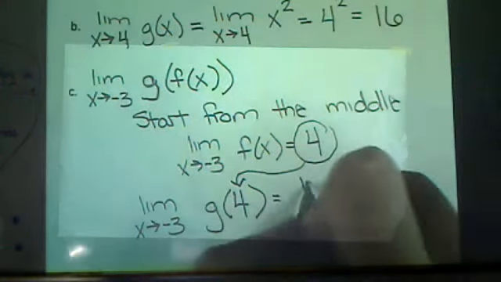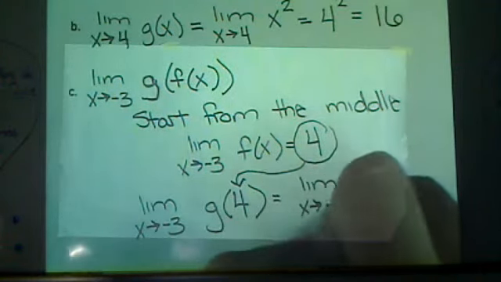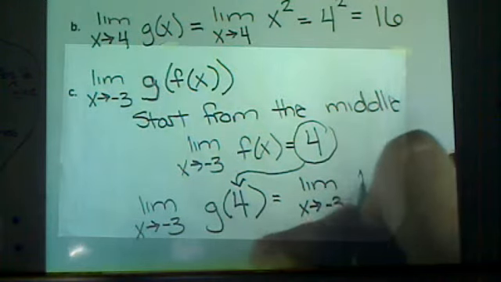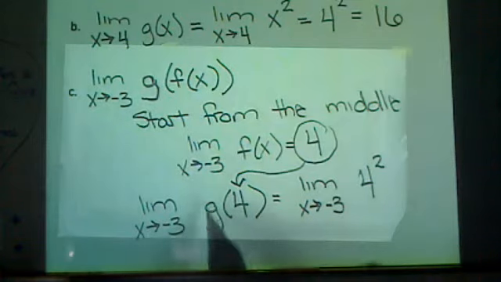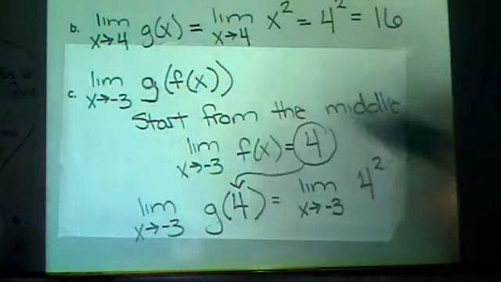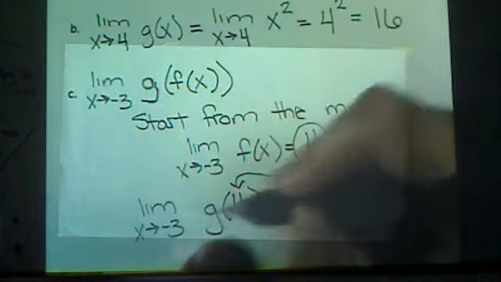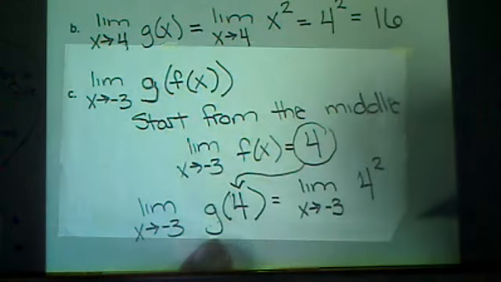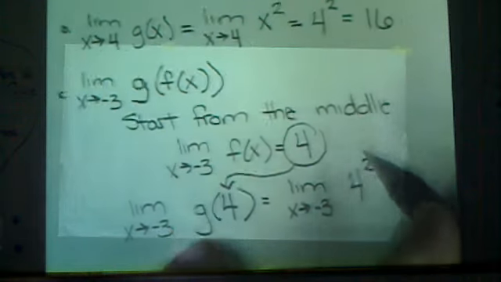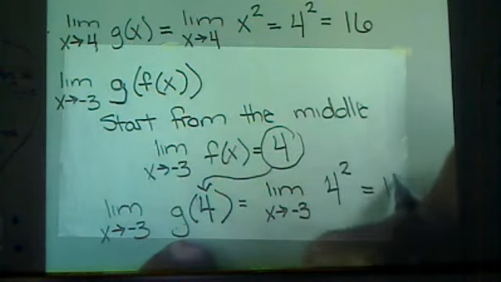which is going to be the limit as x approaches negative 3 of 4 squared. Because what was g of x? g of x equaled x squared, and that means we're going to have to plug this 4 in everywhere we see an x, so we do so. And then what does that equal? 16.